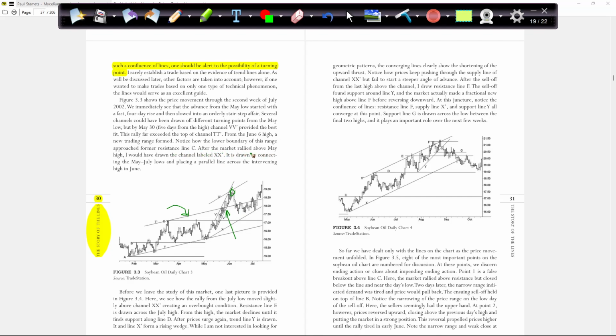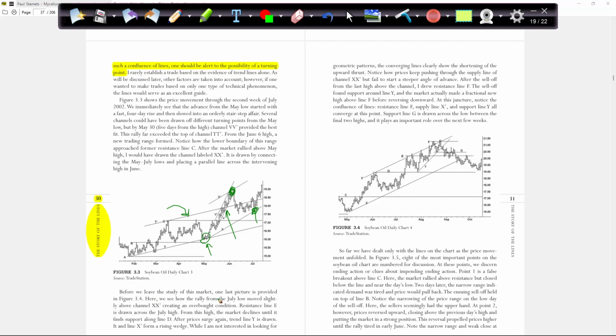After the market rallied above the May high, I would have drawn the channel labeled X, X prime from this May low, right? It is drawn by connecting the May and July lows, June's high, and placing a parallel across the intervening high in June, right?